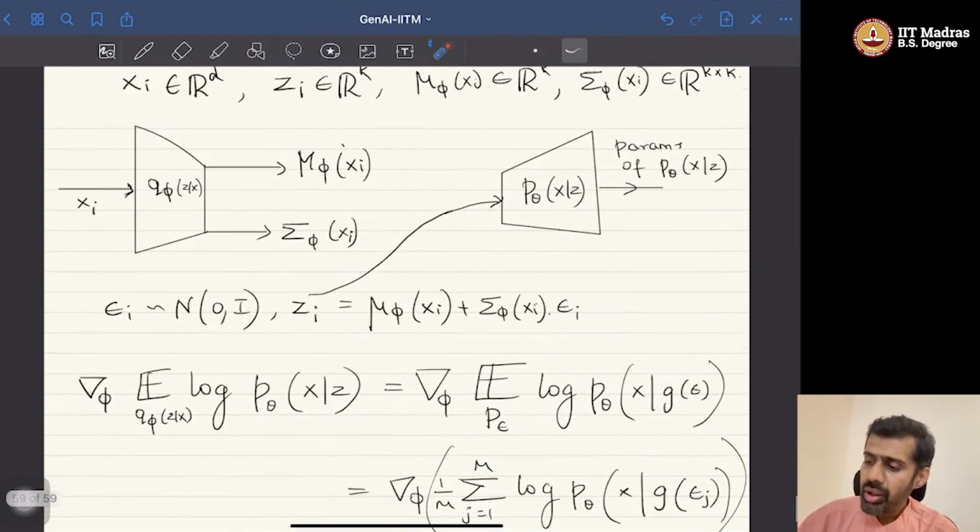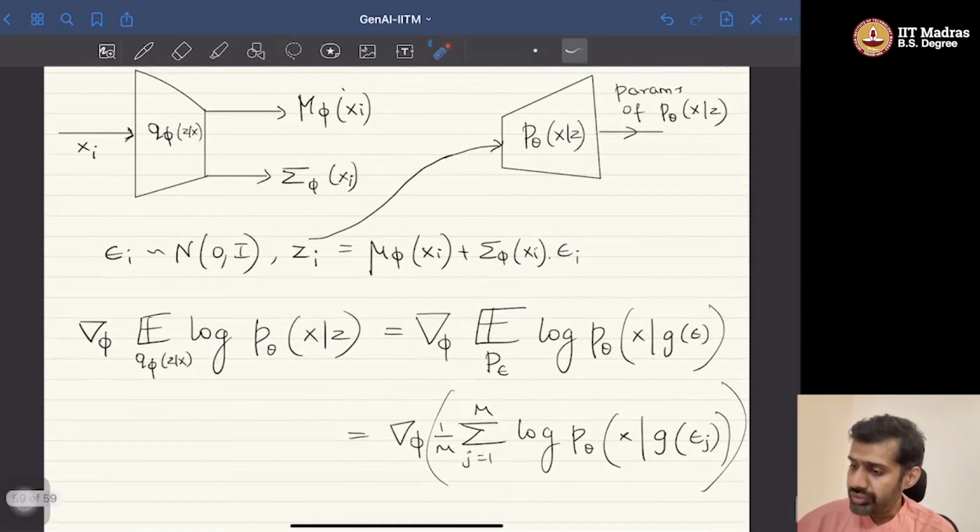What's happening is, for a given mu and sigma, for a given input sample xi, one can obtain multiple samples of epsilon. There is no need that a given sample of xi in the input corresponds to only one latent vector. For the same given xi, there can be multiple latent vectors zj that are passed as input to the decoder. That is what is represented as j here.